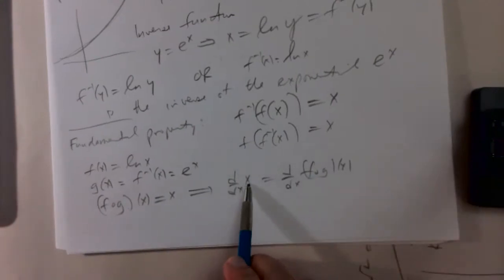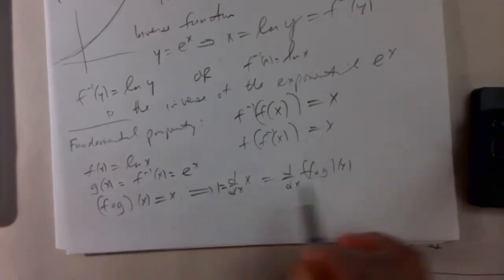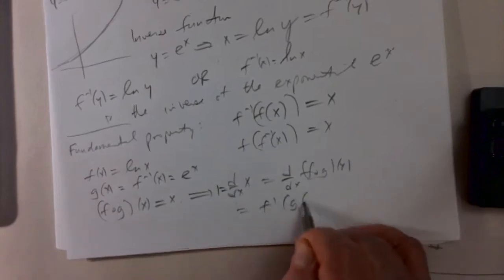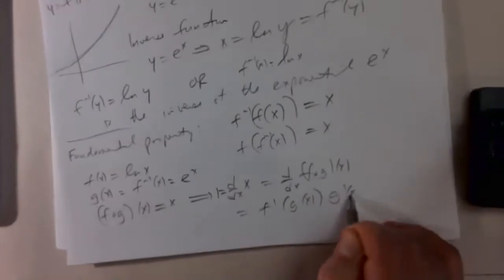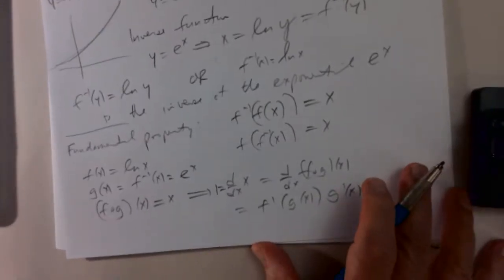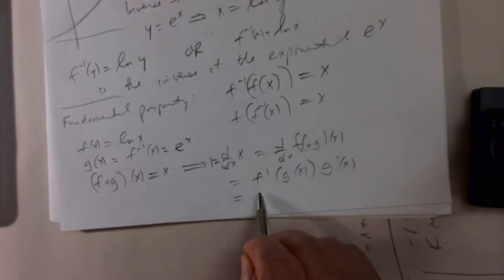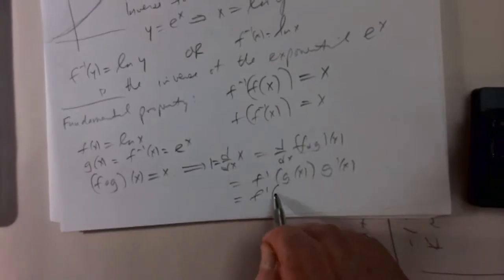Now, the derivative of x with respect to x is 1. And by the chain rule, this is f prime of g of x times g prime of x. So this is f prime of e to the x times g prime of x.